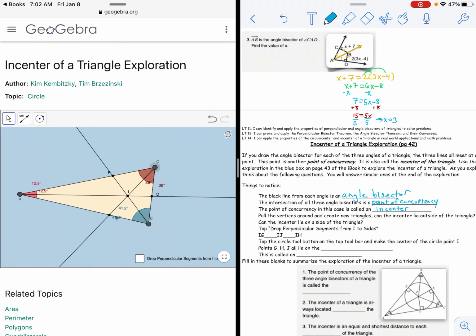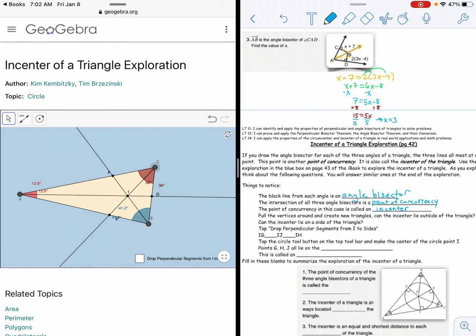It's pretty close, but when you make a circle centered at the incenter, it touches all the sides, so all the points lie on the circle, and this is called the incircle, or an inscribed circle. So now we can get rid of that.